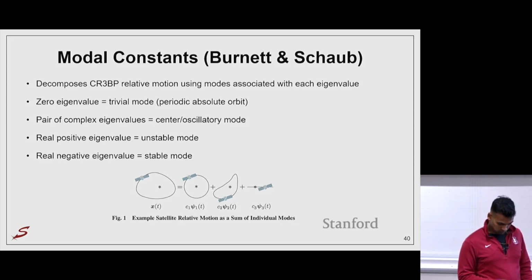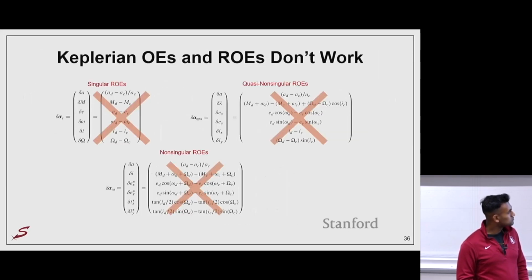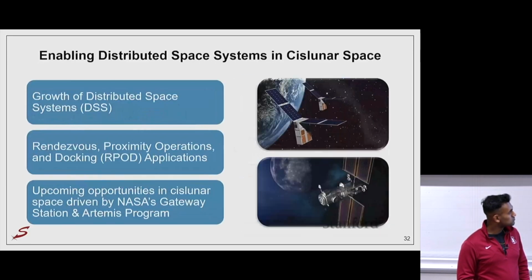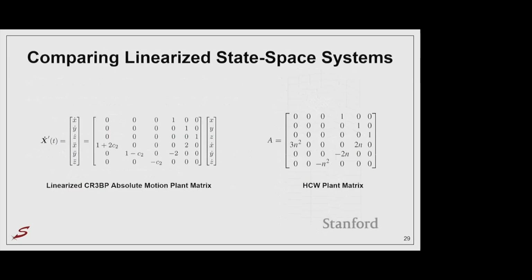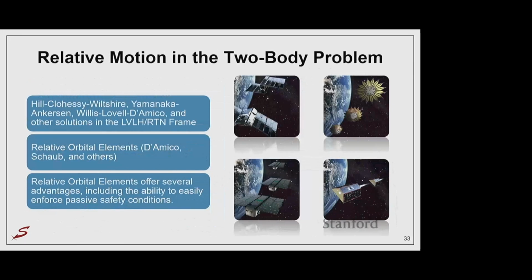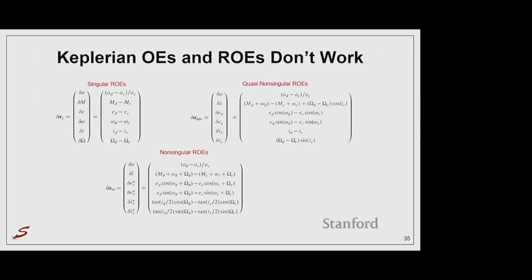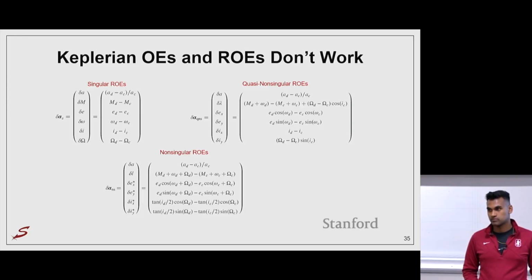It turns out that the condition of passive safety, which means that if you interrupt control at any point in time, the natural motion of the satellite will be such that there is a miss distance between them, is much stronger in halo orbits than the condition of passive safety in the two-body problem, especially if you are close to the Earth.